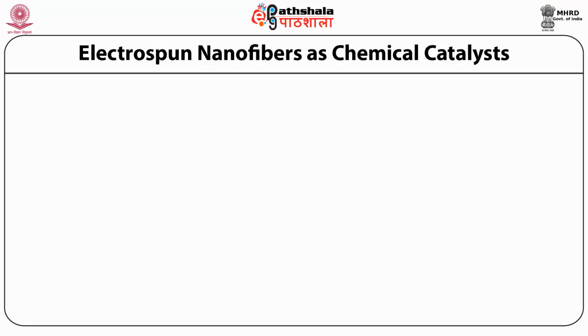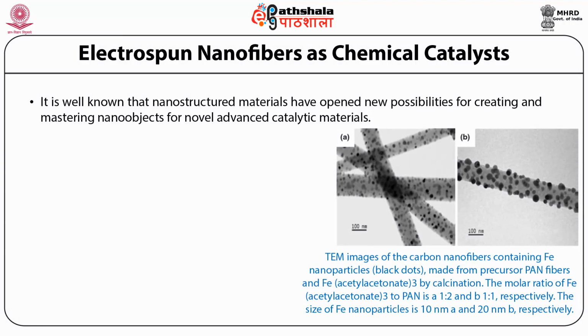We're going to talk about electrospun nanofibers as chemical catalyst. It is well known that nanostructured materials have opened new possibilities for creating and mastering nano objects for novel and advanced catalytic materials. In general, catalysis is a molecular phenomenon and the reaction occurs on an active site.